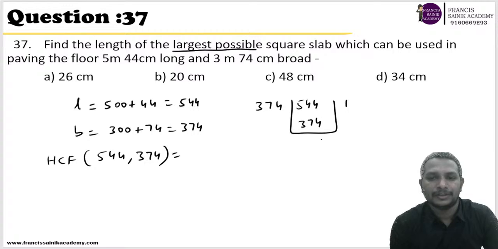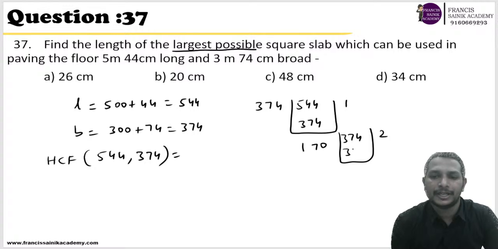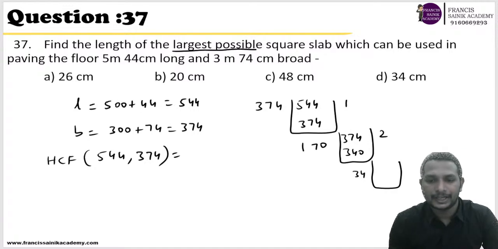Subtraction. 544 minus 374 is 170, and then 340. Again, what happens over here? Take the smaller number, right?